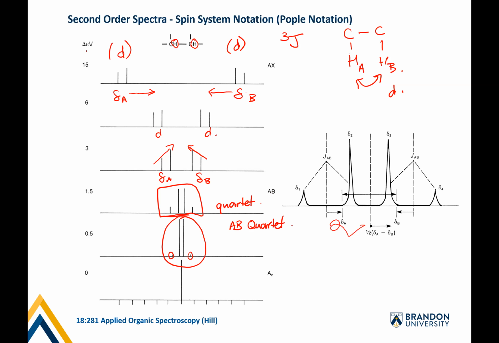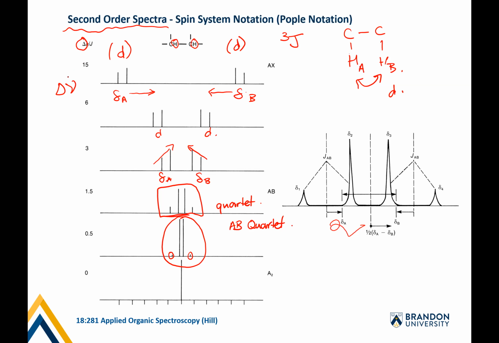It's a second order spectra where the J values are large, but the difference in chemical shift is really, really small. And so it's the difference in chemical shift here that we're really talking about.